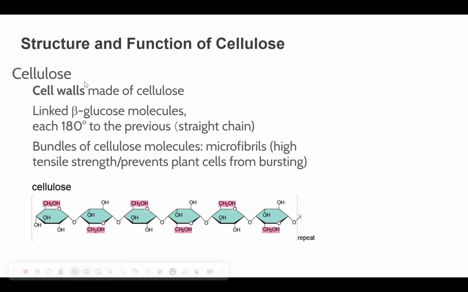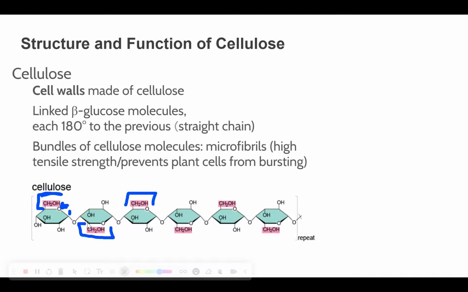So when you look at cellulose, this is what cell walls in plants are made out of. And you can see here, and I got the pen just a little bit, the position of each of these monomers of glucose is different. They're at 180-degree angles to each other. You can tell because of this 6 carbon and also the position of this oxygen atom in the ring. So this is carbon 1 going from over here.